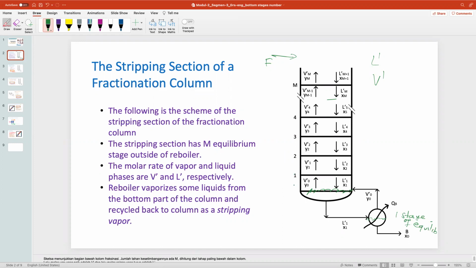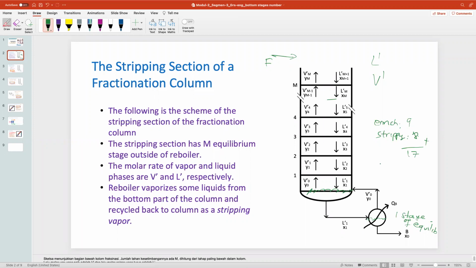For example, if the enriching section is 9 stages and the stripping is 8 stages, the total equilibrium stages in the trays is 17.